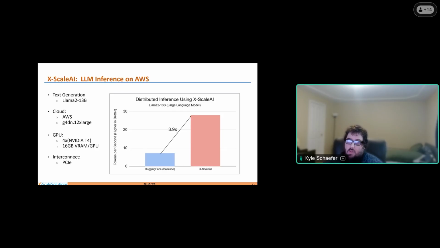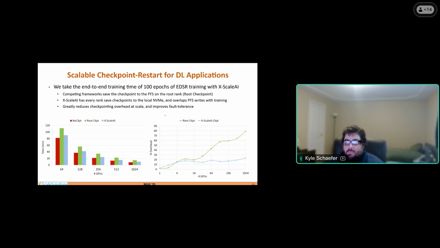With X-Scale AI, you can see up to 3.5x improvement. Frontera has 4 GPUs per node, so we're seeing good scaling with multi-node, multi-GPUs per node as well.